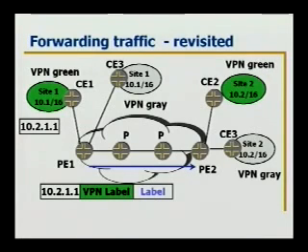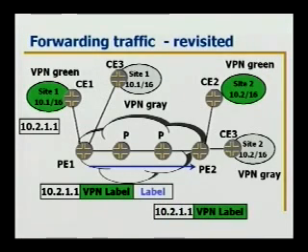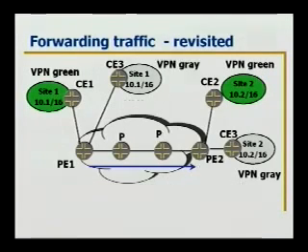So finally, the packet is going to arrive at P2, with the VPN green label on the top, and PE2 has no trouble identifying that this is a packet destined for VPN green and send it out on the correct interface. Now what if we were receiving a packet on VPN gray?